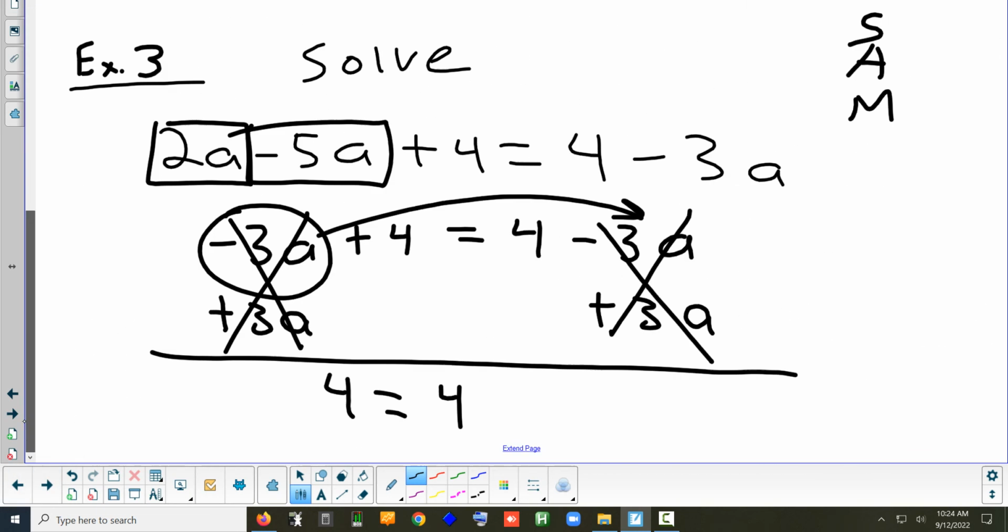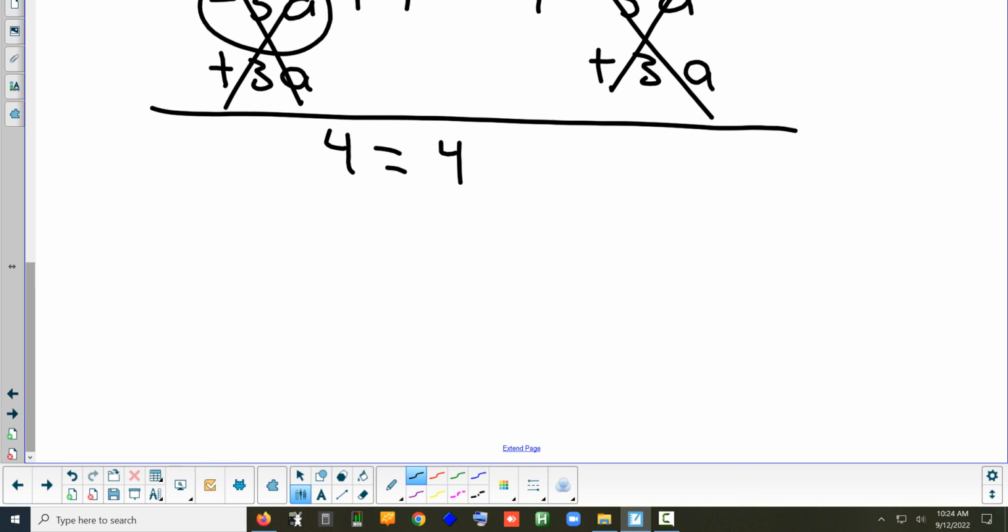Look at what we've got. 4 equals 4. Is that true? Does 4 equal 4? Yes. Because this is true, any number is a solution.